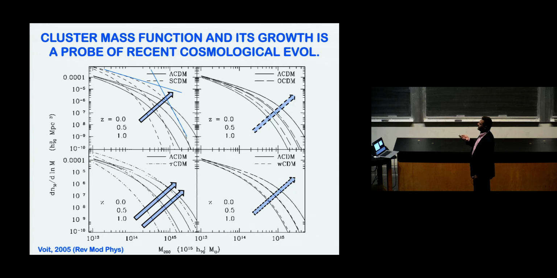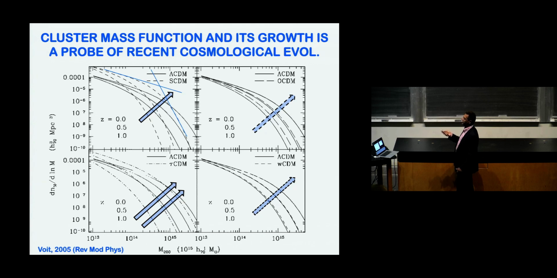The lambda CDM is the conventional model that we work with today, which is 70% dark energy, about 23% dark matter, and the rest in ordinary baryons. And you can see that that is shown here in solid curves. It has a particular shape both at the low mass end and at the high mass end. How rapidly it truncates is important, and how rapidly it's changing as a function of time is important.